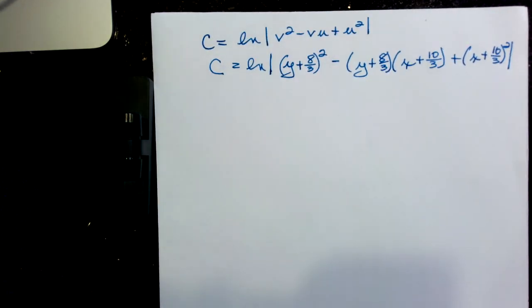All right. And so you can play around with that a little, but you're not going to get it to be a whole bunch prettier than that. And you will not be able to get an explicit form for the solution.